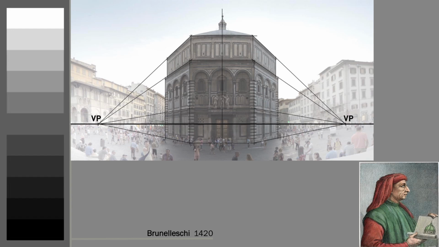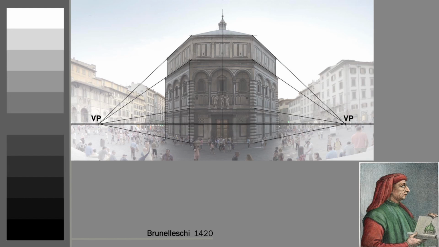Okay, this is the baptistry in Florence, and you can see how he's got multiple vanishing points. Okay, there's one there and one there. And he used this device, the first one I showed you, to learn the techniques of creating perspective. And as he did that, of course, he realized that shadows are really important. In fact, even for architects today, shadows are really important when they're designing their buildings.